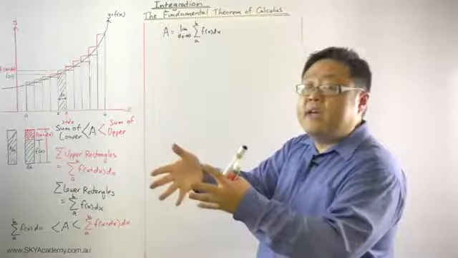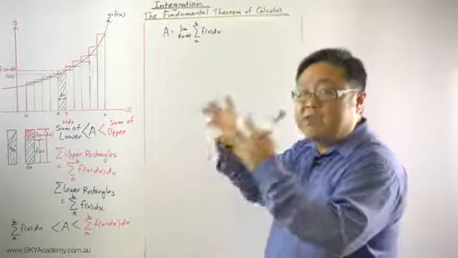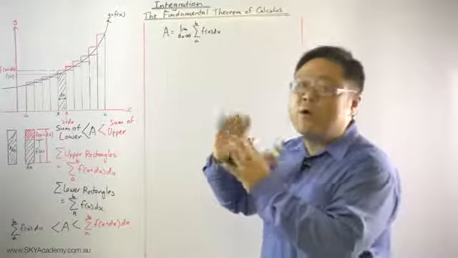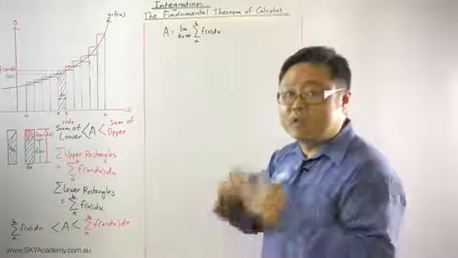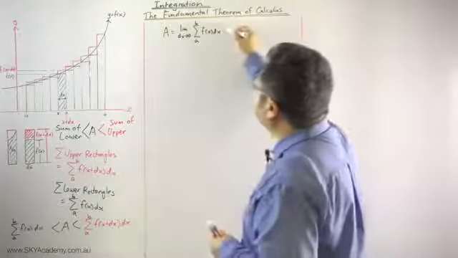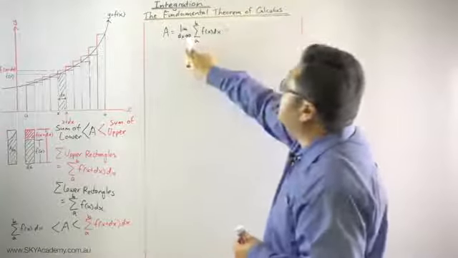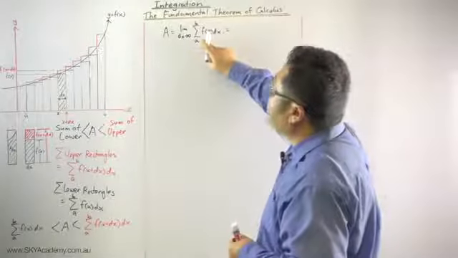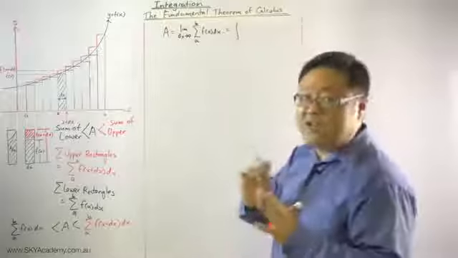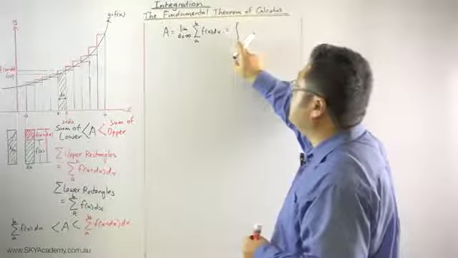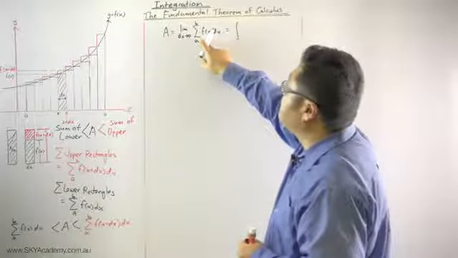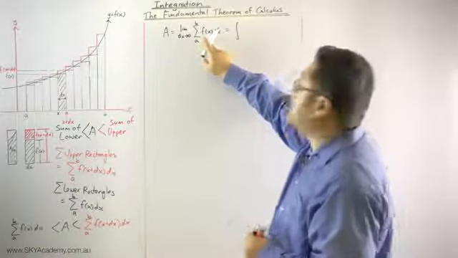Now, there is a way to rewrite this that is more in line with integral notation. Another way of writing this is to replace the sum with the integral sign, which just assumes that we are finding the sum.